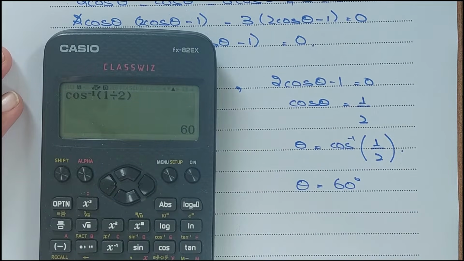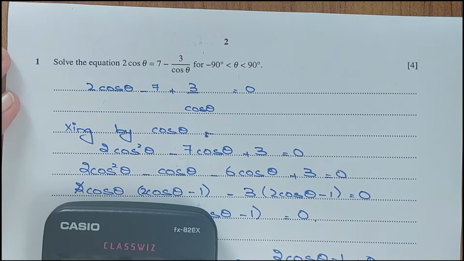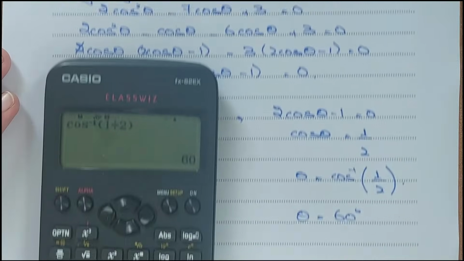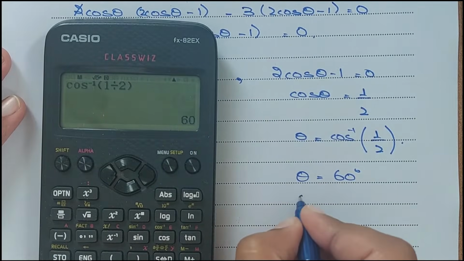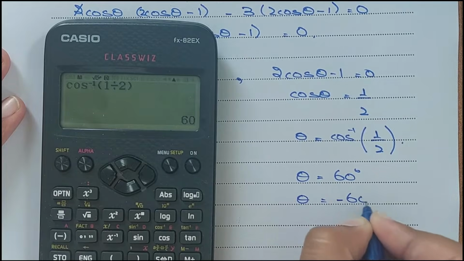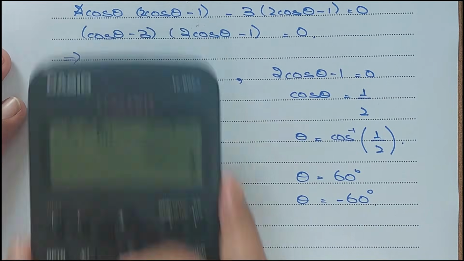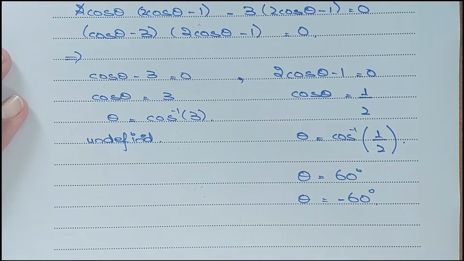We know that cos is positive in the first and fourth quadrants, and the given range of theta lies between minus 90 and plus 90 degrees. The other value of theta is negative 60 degrees, because cos is an even function, it absorbs the negative sign. So these are the two solutions between minus 90 and plus 90 degrees.